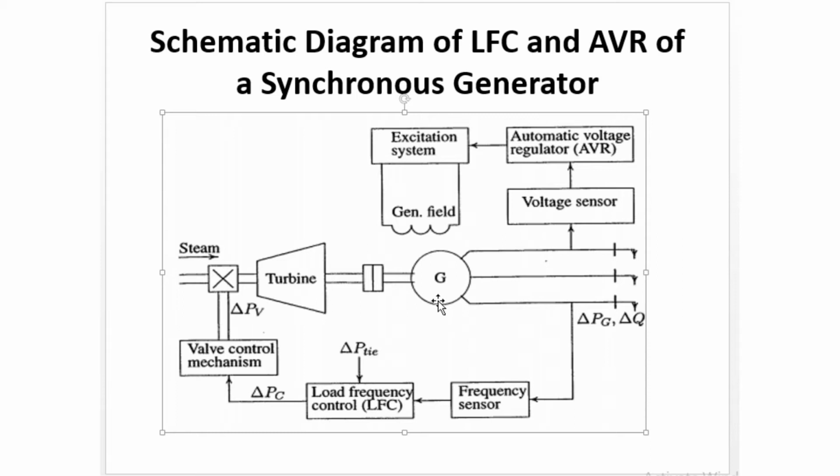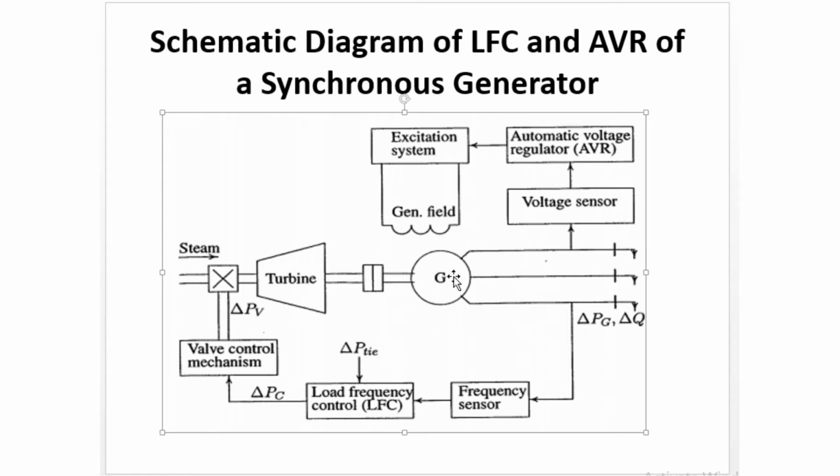A small change in real power will depend on the change in the rotor angle, and obviously it will affect our frequency, and the reactive power depends on the voltage magnitude.